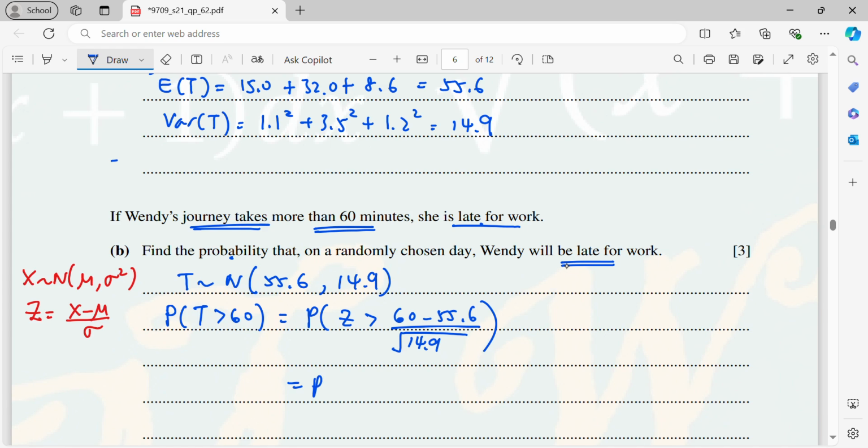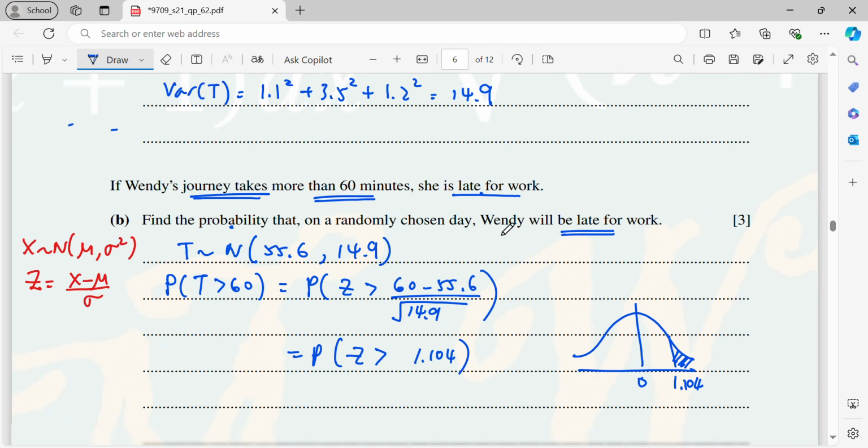Then here is going to be P(Z > 1.104). Positive, sorry, it is positive because 60 minus 55.6 is positive. So when more than a positive value, now I sketch a graph. That is going to be 1.104, and greater than means the region towards the right side.